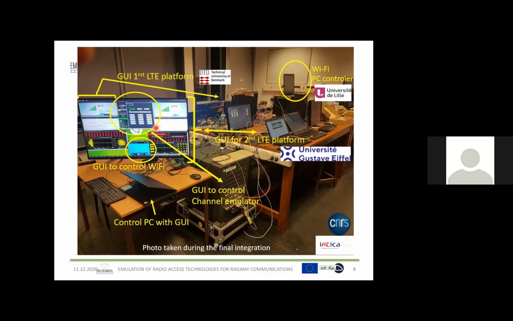Just beneath, you can see the EPC. In the lower corners, left and right, are the eNodeBs of DTU and Université Gustave Eiffel. In the middle is the PropSim radio channel emulator interface. And beneath is the interface of the University of Lille Wi-Fi system. Everything was controlled remotely by the single computer here in the front.